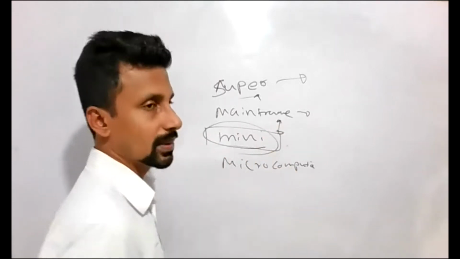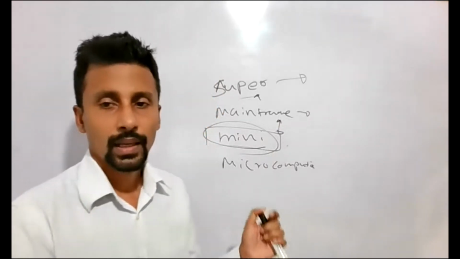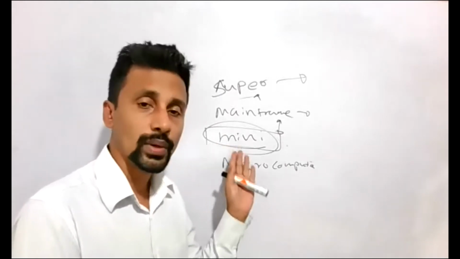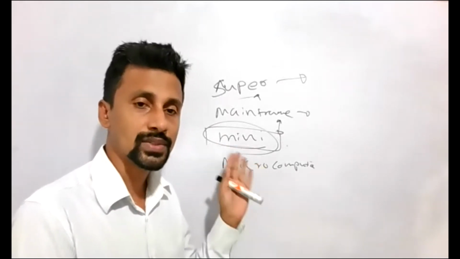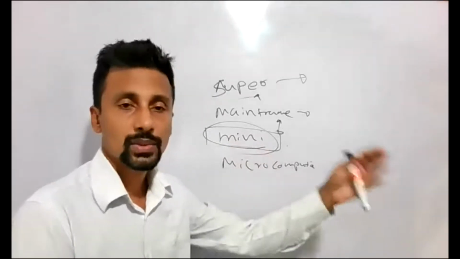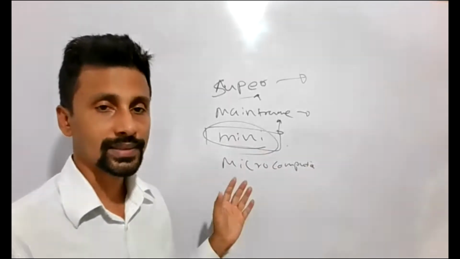Most probably it can be a mini computer. In these computers you are storing the data. Your result will be stored in this kind of server computer, and you all are accessing it.